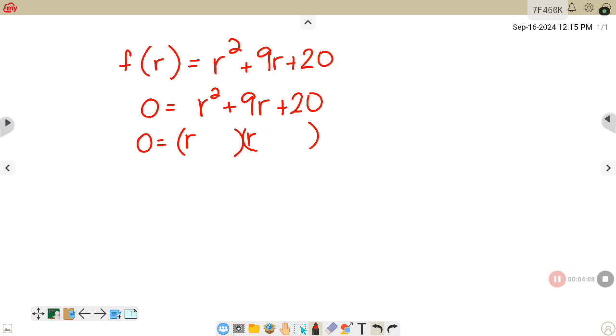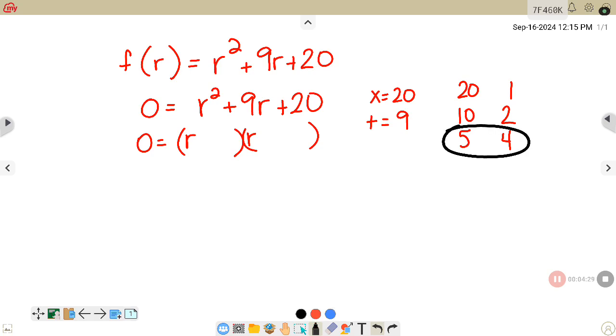The next terms have to multiply to equal 20, while at the same time adding to equal 9. So let's think about how you multiply to get 20. 20 times 1, 10 times 2, and 5 times 4. So the ones that add up to 9 are going to be the 5 and the 4, both positive.